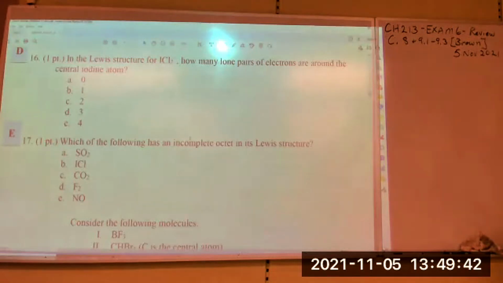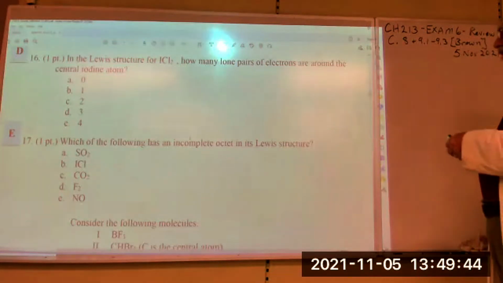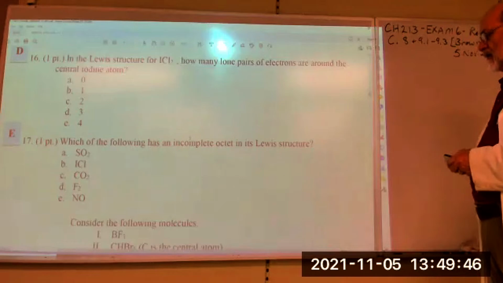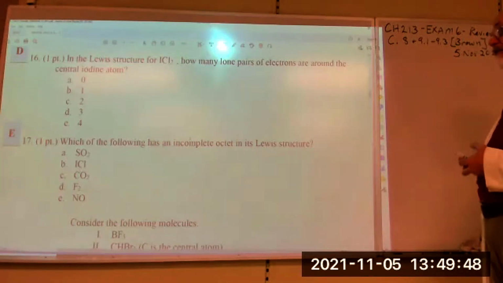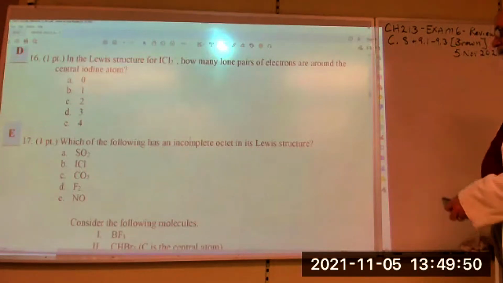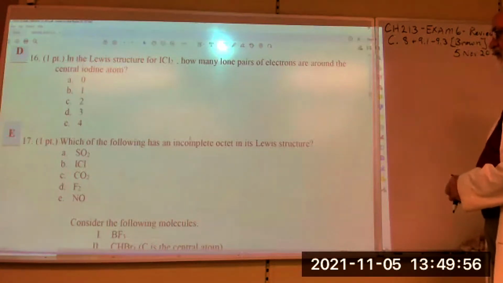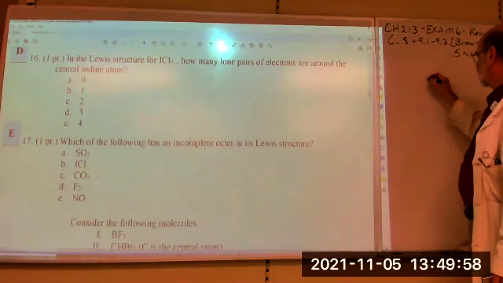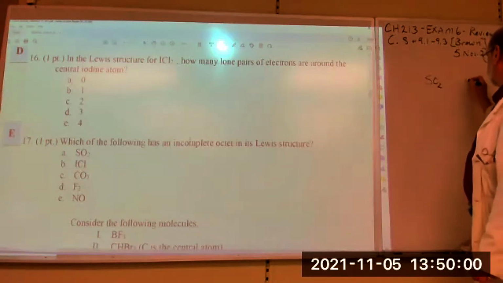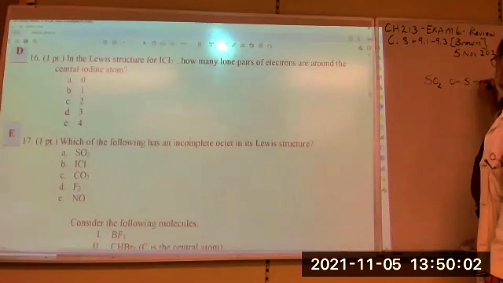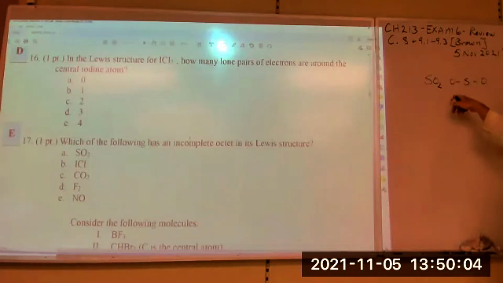Okay, 17. Which of the following has an incomplete octet in its Lewis structure? Incomplete octet. That means less than an octet, correct? All right. So we have to draw all the structures again. Sulfur dioxide, sulfur in the middle, oxygen here, here. Sulfur and oxygen are all the same, so it's 3 times 6 is 18.